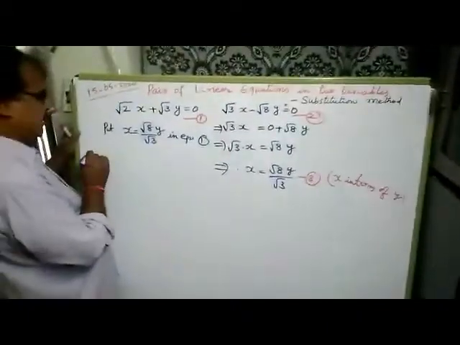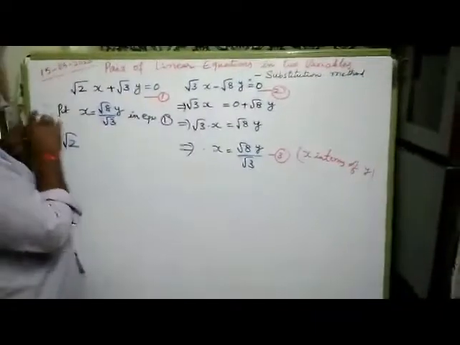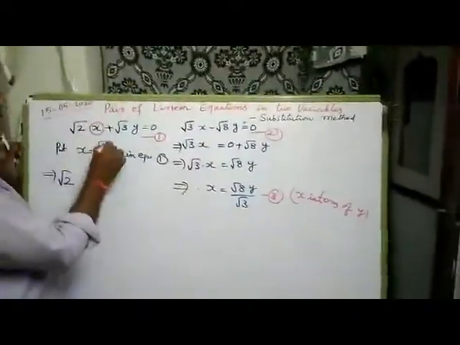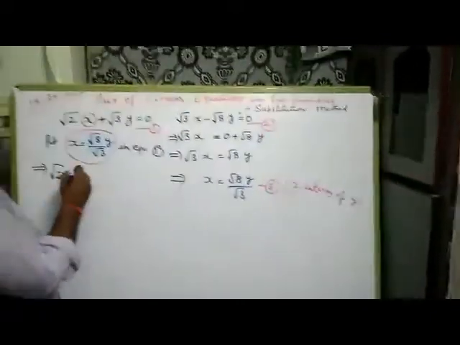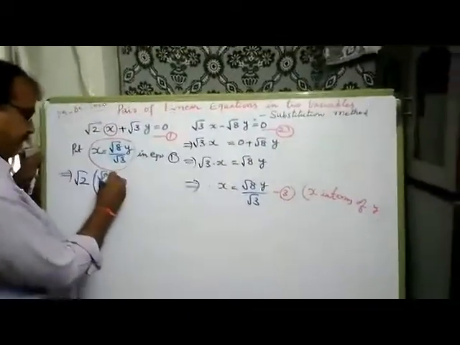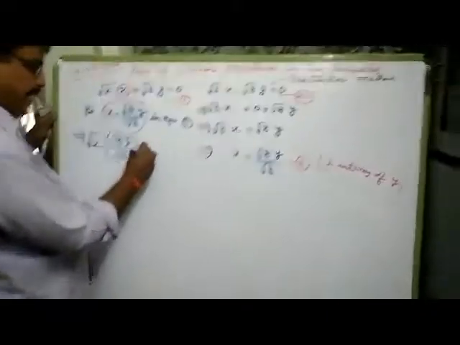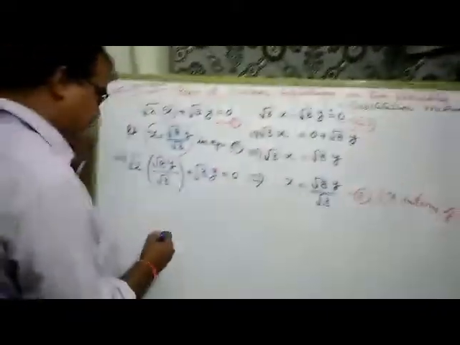Substitute. That implies root 2 into x. The x value, root 2 into x. In the x place I have to substitute this one. Root 2 into root 8 y by root 3 plus root 3 into y is equal to 0.